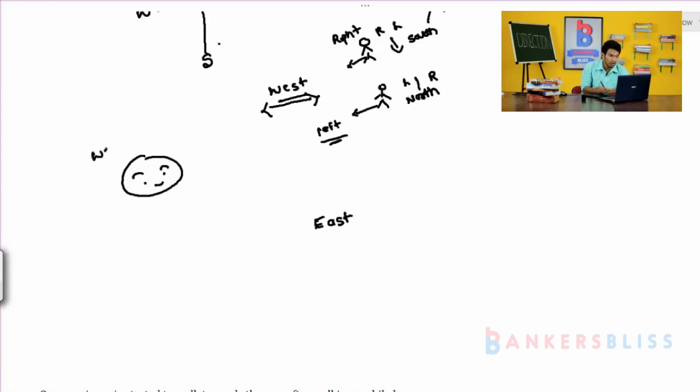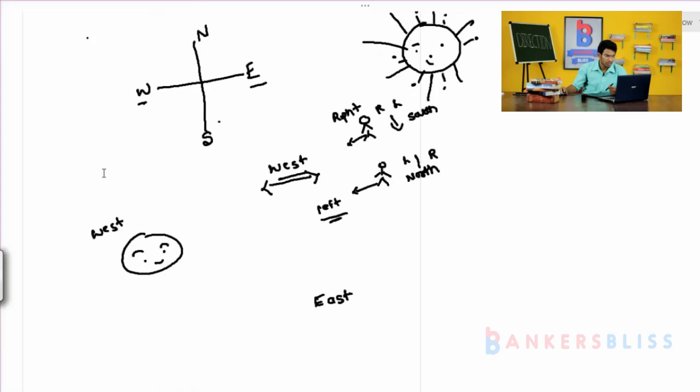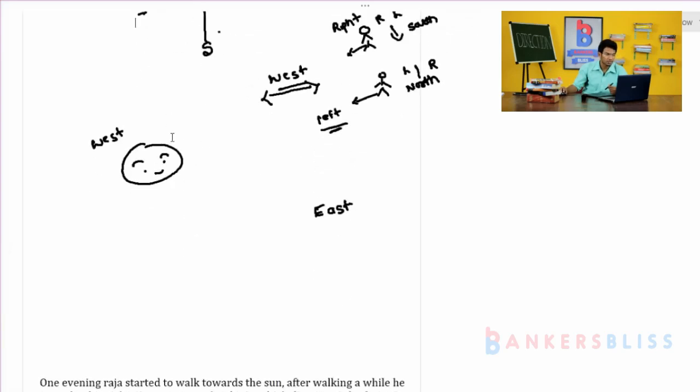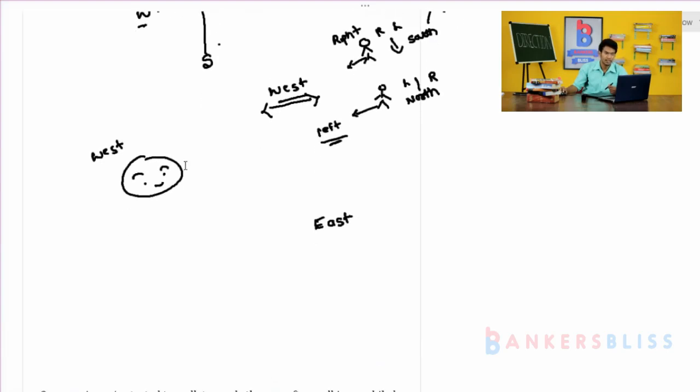Sunset will always be in the west direction. Okay, look here, this is the point. This direction is considered as west and this is east. Now I am going with the sunset. In the west, the shadow of the sun will be on the east. Okay.